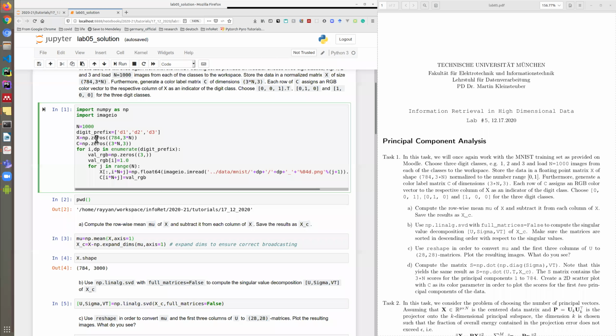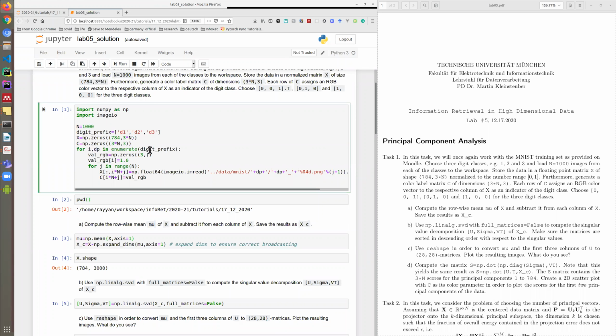We define a placeholder matrix for the digits and one for the images. We will have 3000 images in the end, and every image will have a class based upon the digit, using one hot encoding as we were told in the PDF of the tasks. That's why we end up with 3n by 3 size for colors.